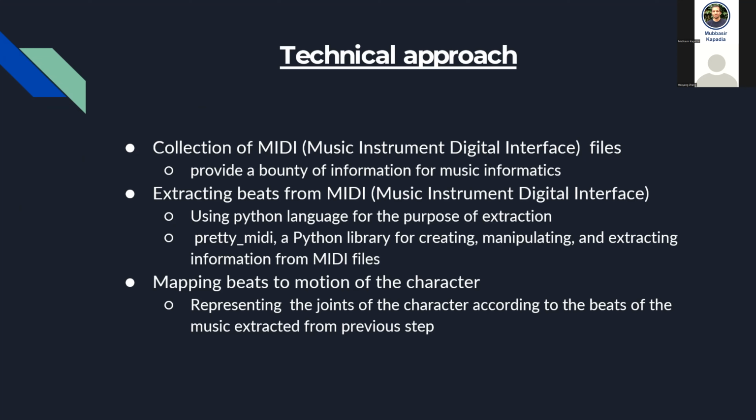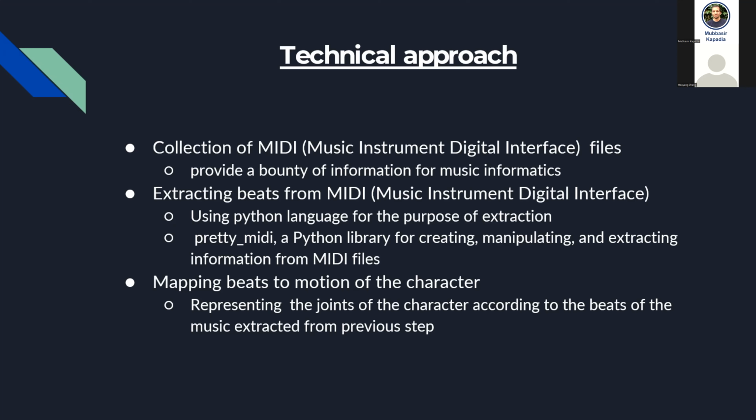After collecting the MIDI files, our next step is extracting beats from those files. We read a lot of papers on how to do that, and we researched libraries that may be available. We are using the Python language, and there is a package called Pretty MIDI, a Python library that can be used for creating, manipulating, and extracting information from MIDI files.